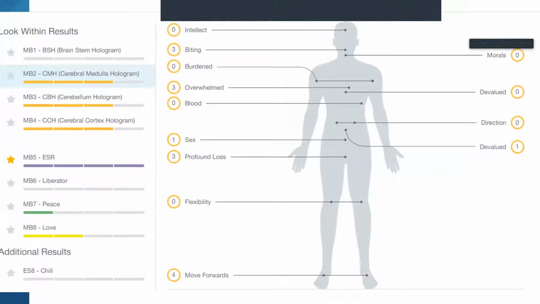We've got profound loss, and we've got moving forward. Okay, so all these relate to obviously different parts of the body. So when we're looking at the brain holograms, we're seeing a bigger pattern of what possibly may have happened at some point that could potentially manifest as physical, which is starting to manifest as physical in this lady, because of things that have happened in the past.